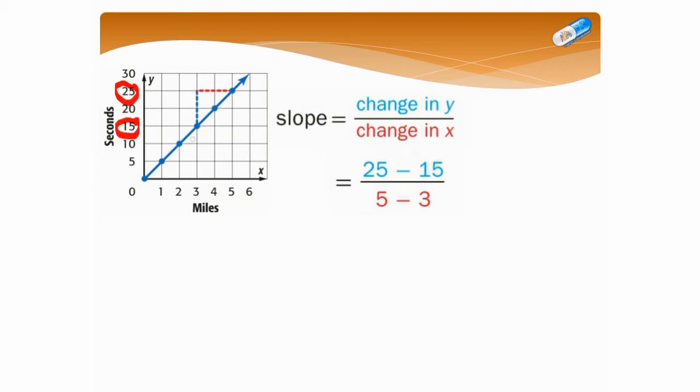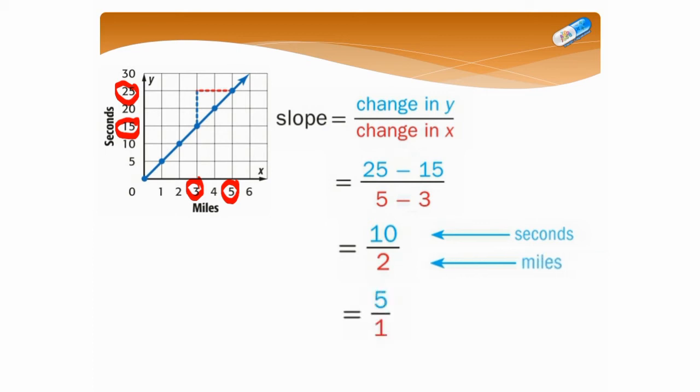So you will take any 2 points and you will take the difference in y coordinate for these 2 points. So it's 25 minus 15 equals 10, and the change in x is the red dotted line, which was 3 and became 5, so it's 5 minus 3. So it's equal to 10 over 2, where 10 is the seconds, 10 seconds, and 2 is the miles. And this is equal to 5 over 1 if we simplify it.